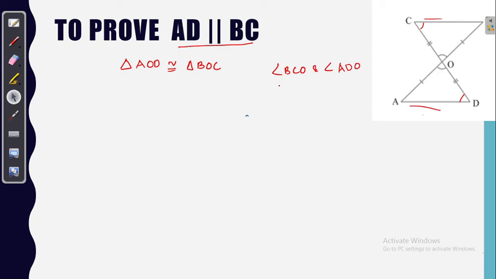Because of congruent triangles, ma'am. They are the corresponding parts of congruent triangles, and corresponding parts of congruent triangles are equal, so we can say that these angles are equal. Since they are alternate interior angles, the lines are parallel. Yes, that's the correct explanation.